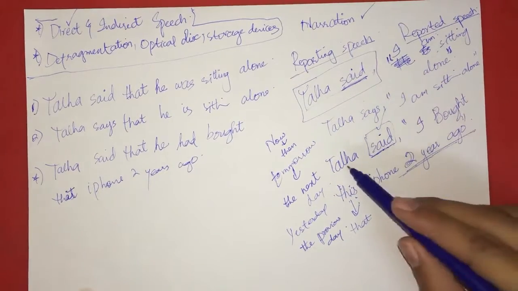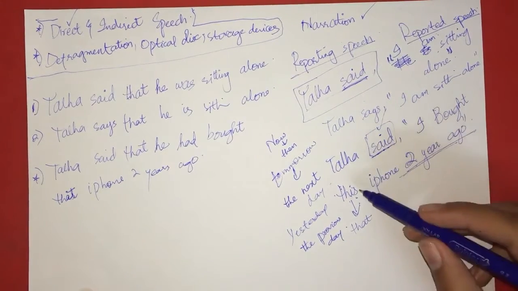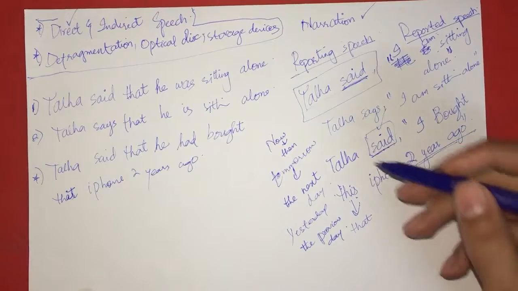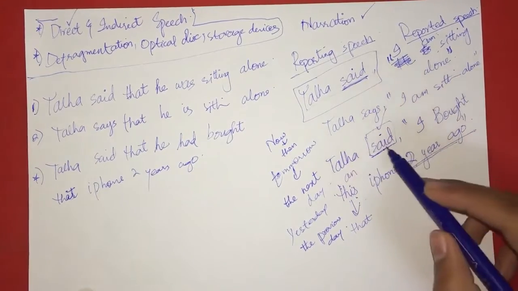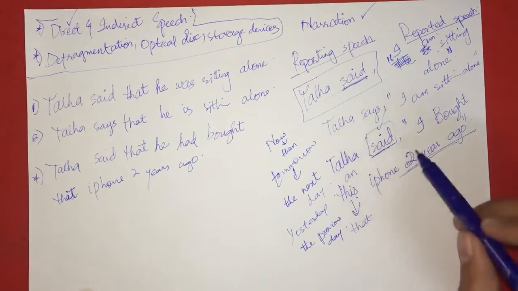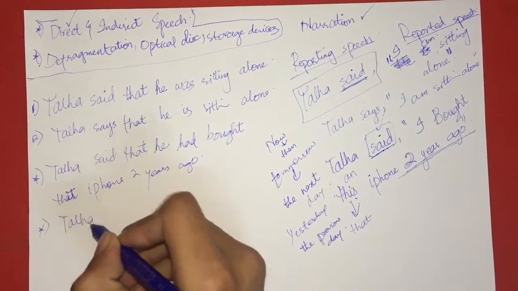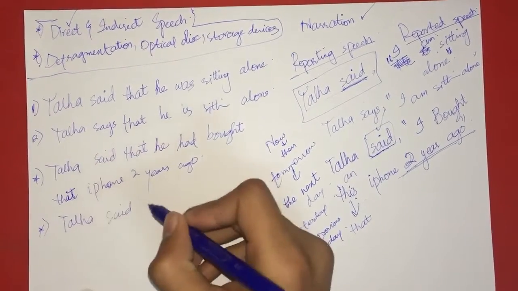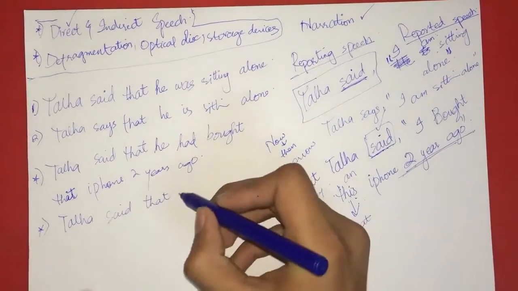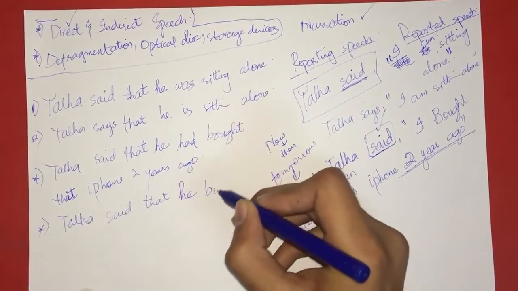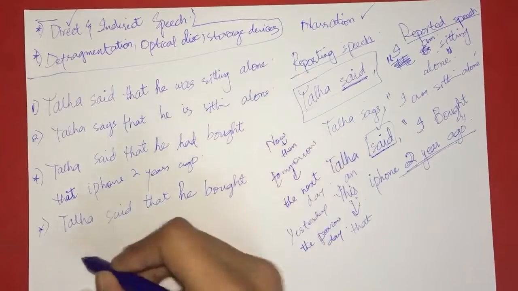So for example, if I say "Talha said I bought an iPhone," how are you going to change the sentence? You're going to write "Talha said that he bought an iPhone."